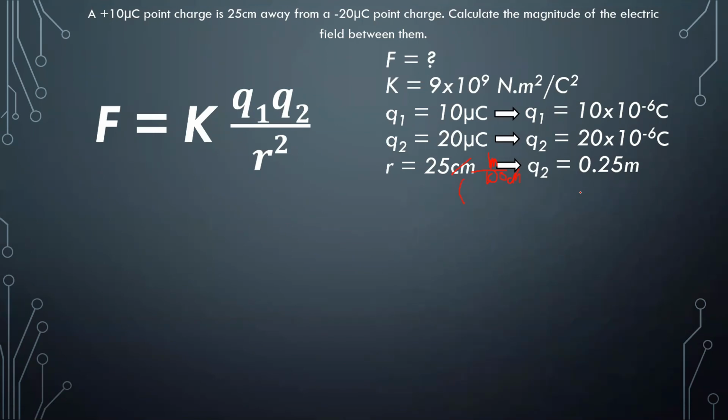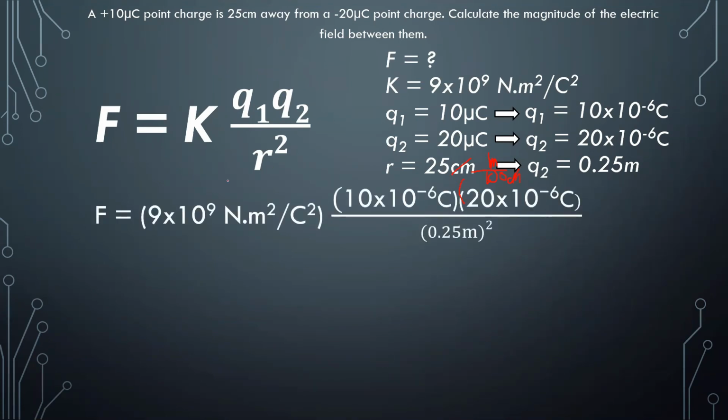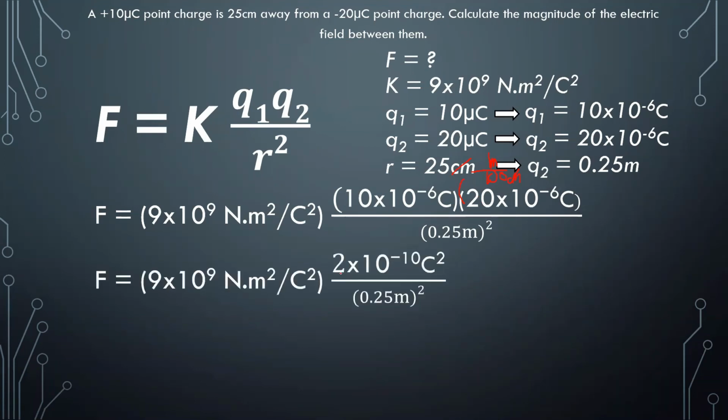meters. So since it is already converted, so substitute na natin. Then simplify 10 times 20, that is equal to 2 times 10 to the power of negative 10 square coulomb. Then 0.25 square, so that is 0.0625 square meters.